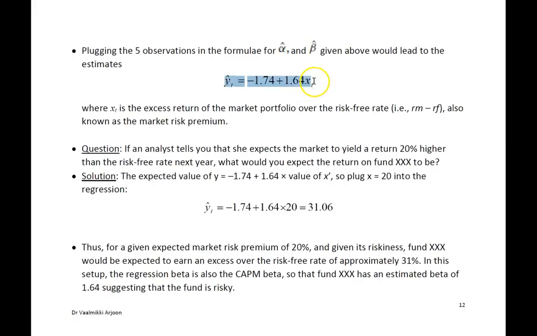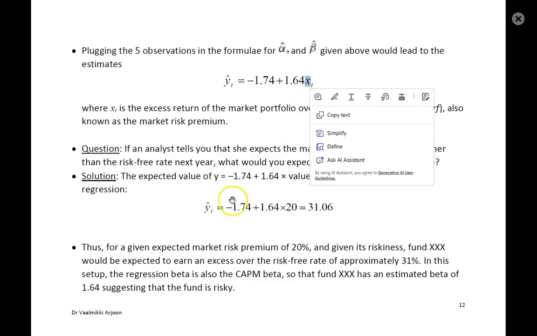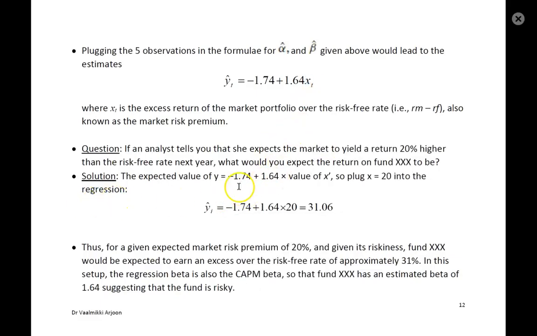You plug in 20% for X, and the solution is Y equals negative 1.74 plus 1.64 times the value of X. When you work it out, you get 31.06. So for an expected market risk premium of 20%, given its riskiness, fund triple X would be expected to earn an excess over the risk-free rate of approximately 31%.